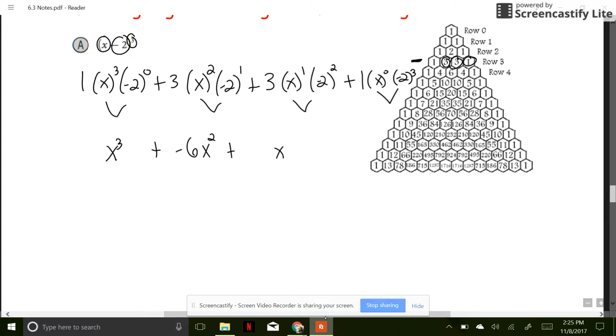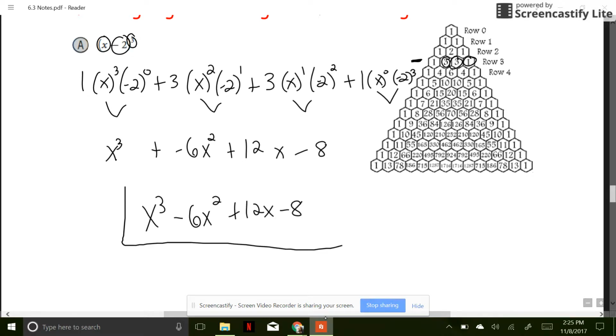Looking at the coefficient, we'll have to take negative 2 squared. So negative 2 squared is 4. 4 times 3 is 12. Our last term here, we're not going to have any x's, so we're just going to take that negative 2 cubed, which will get us minus 8. So our terms here would be x cubed minus 6x squared plus 12x minus 8.